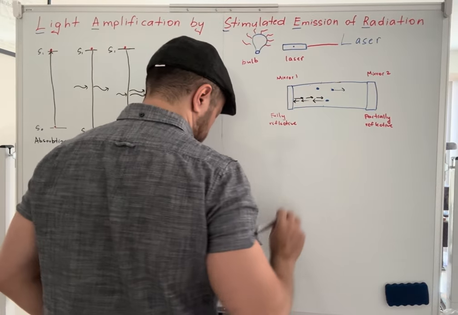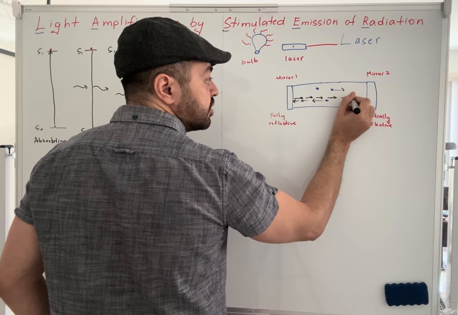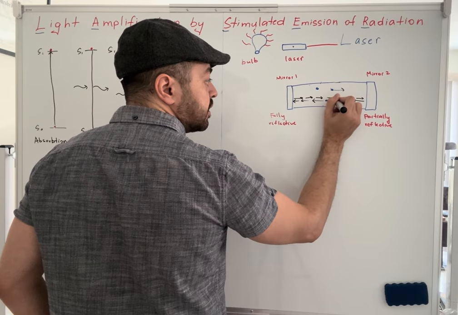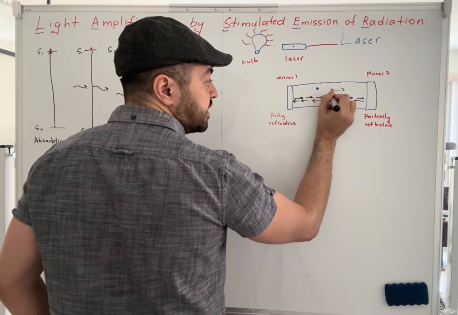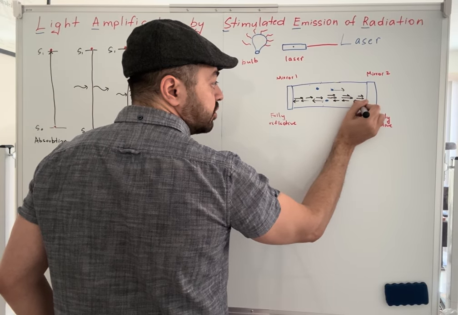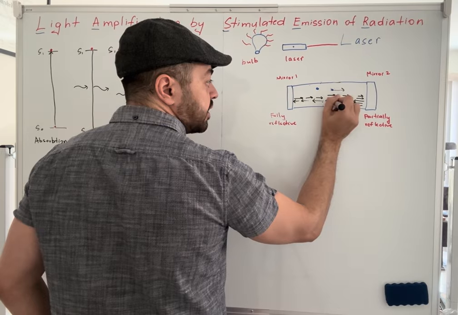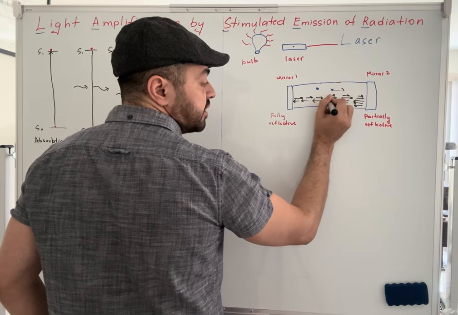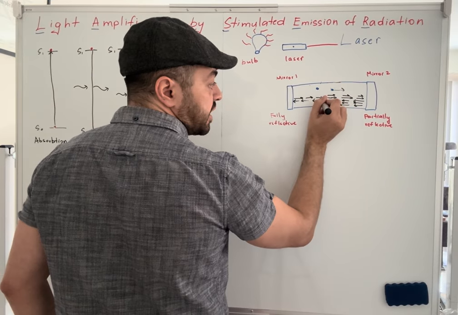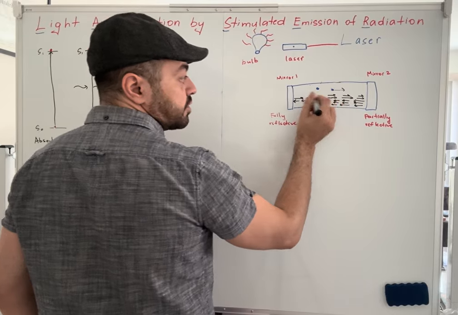Going back again, here is the photon coming back, and this photon goes in that direction, hits back, and comes back again. Here there are actually three photons, and all three photons come back and stimulate another emission, and now it becomes four photons instead of three, and all four photons will go back.